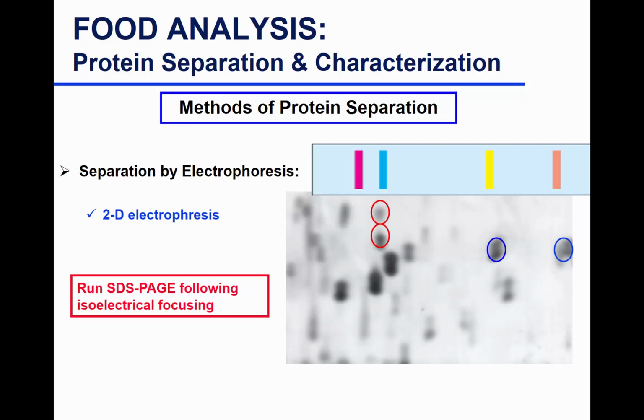When we ran them down the gel, they are still 2 separate ones, but similar molecular weight. So that is emphasizing why 2D electrophoresis is sometimes really helpful, because you can differentiate based not only on size or not only on isoelectric point, but on both. That adds to the power of separation.